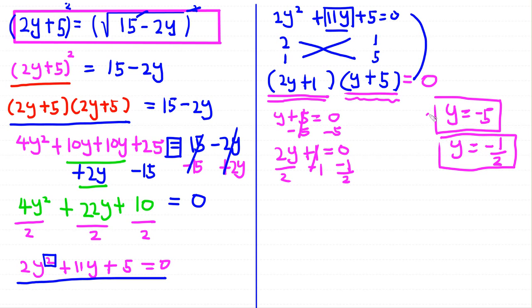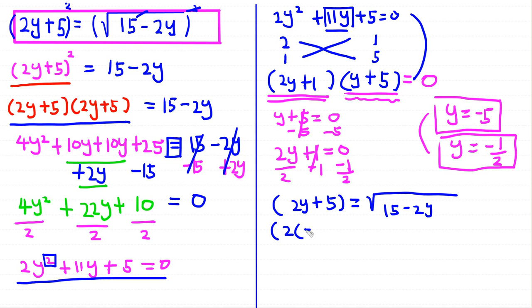And we need to input these values into the original equation in order to find out if it's the right solution or not. So if you write the original equation right over here, it is 2y plus 5 should be equal to the square root of 15 minus 2y. We can input negative 5 first for the y value: 2 times negative 5 plus 5 should be equal to the square root of 15 minus 2 times negative 5.